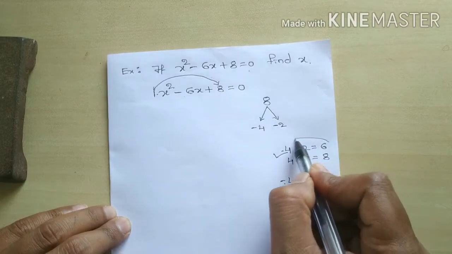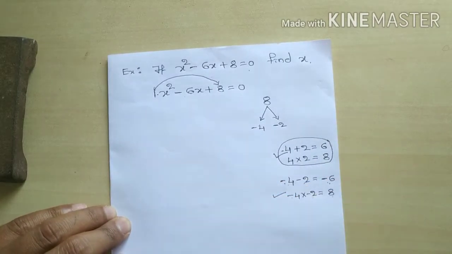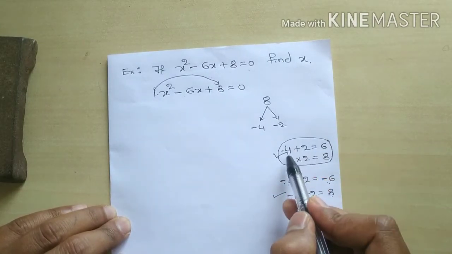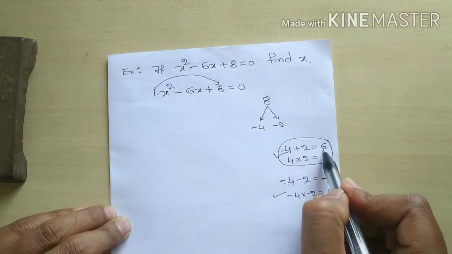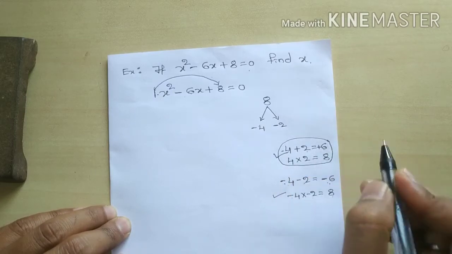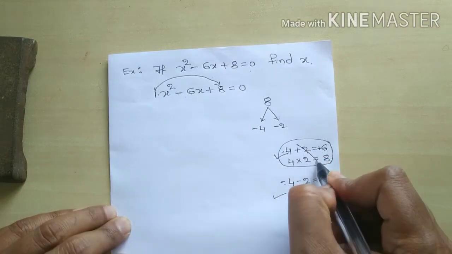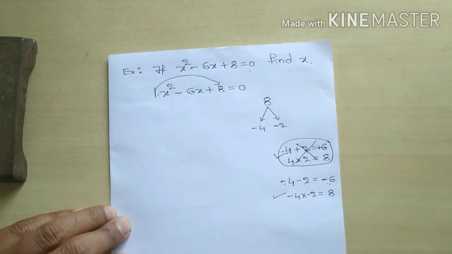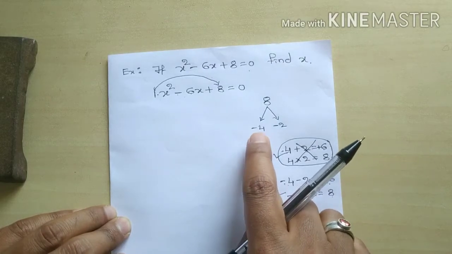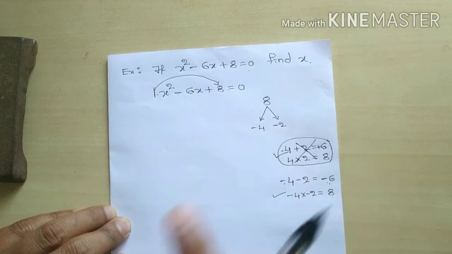You cannot take 4 and 2. Why? Because 4 plus 2 is plus 6, but here plus 6 is not present. That's why don't take 4 and 2. You have to take minus 4 and minus 2 only.